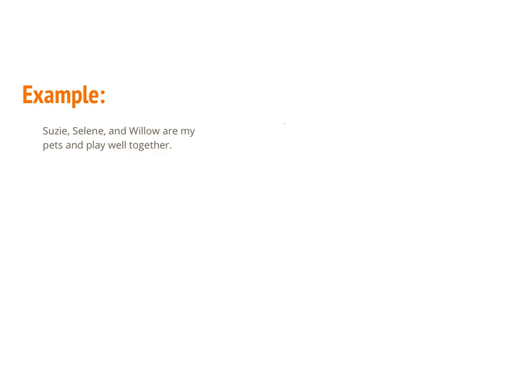Okay, let's go ahead and diagram another sentence that has compounds in it. This one says, Susie, Celine, and Willow are my pets and play well together. Who or what is this sentence about? Susie, Celine, and Willow. So I need 3 lines for subjects.